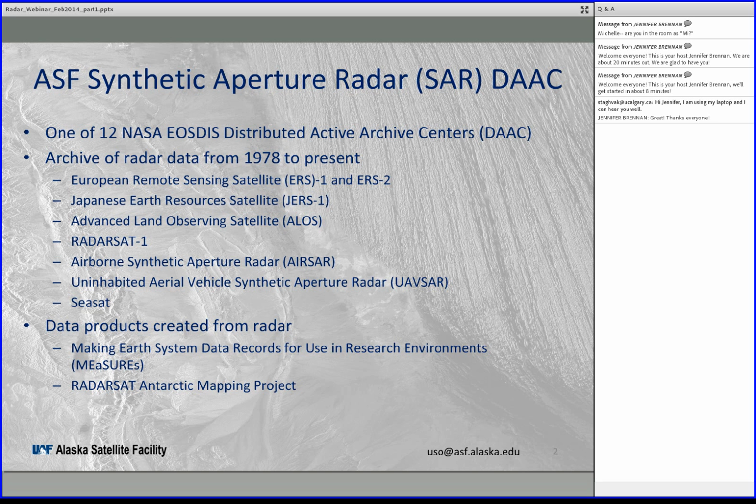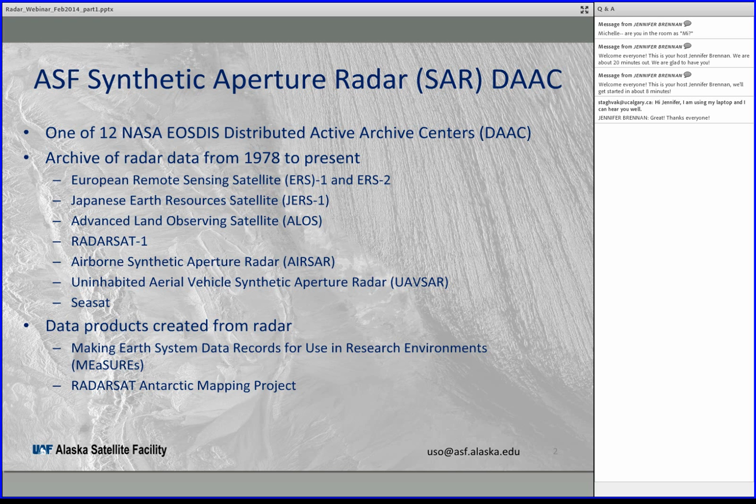These data are or have been supplied by radar sensors on many different spaceborne and airborne platforms, including the European Remote Sensing Satellite, ERS-1 and ERS-2, which were operated by the European Space Agency, the Japanese Earth Resource Satellite, JERS-1, and the Advanced Land Observing Satellite, ALOS, both operated by the Japan Aerospace Exploration Agency.